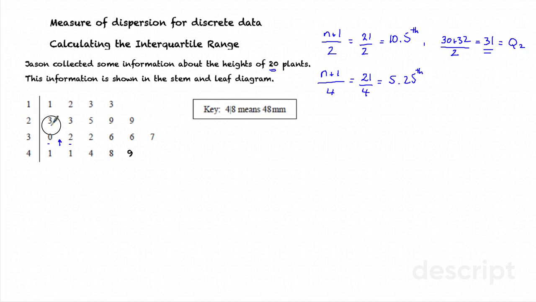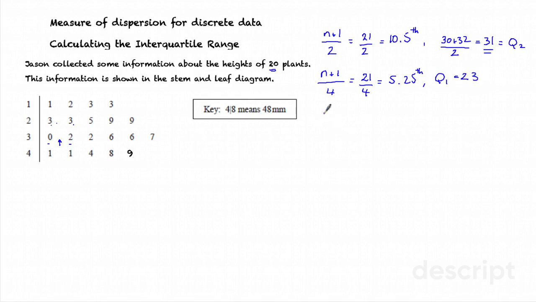That's the 5th value. And I need to go along to the 6th value. Now here, I'm quite fortunate that they're both the same, because the 5.25th value in between those will also be 23. So that's quite easy. Q1 will be 23.